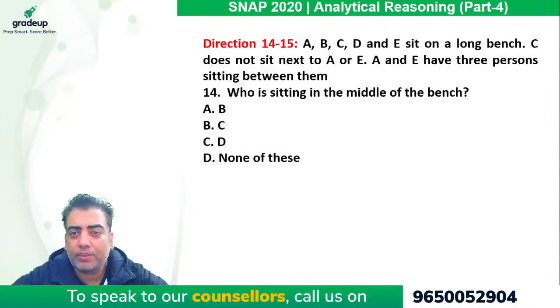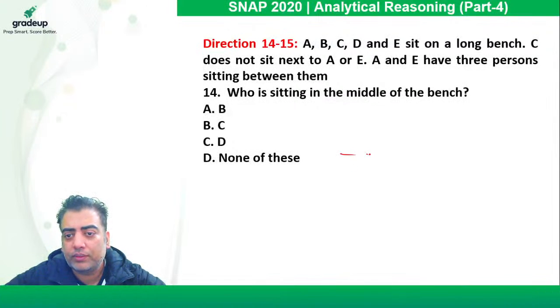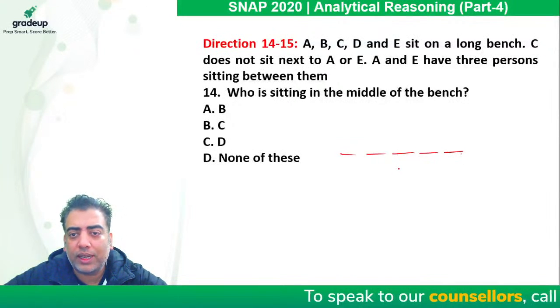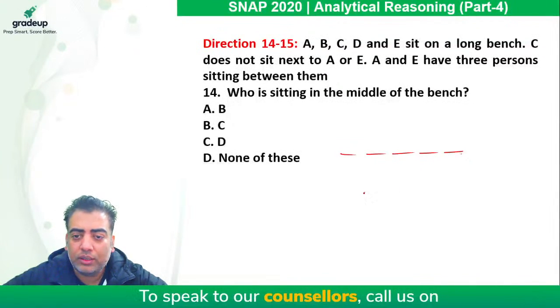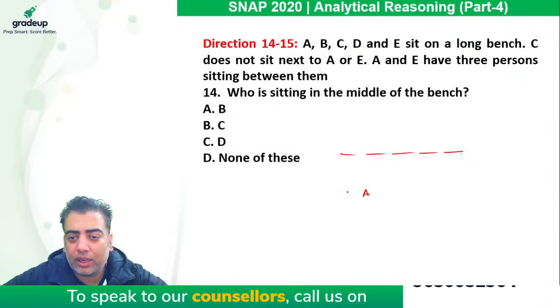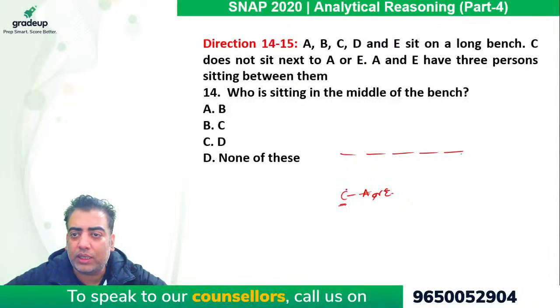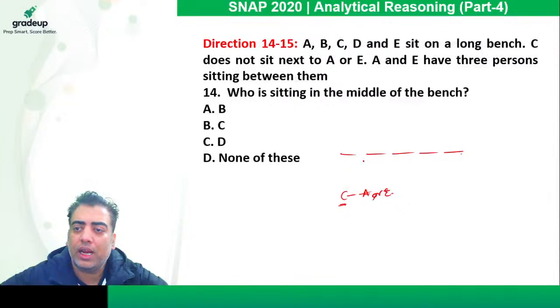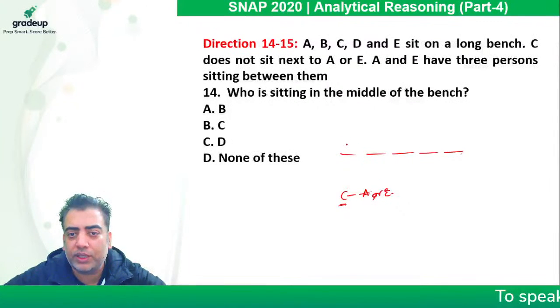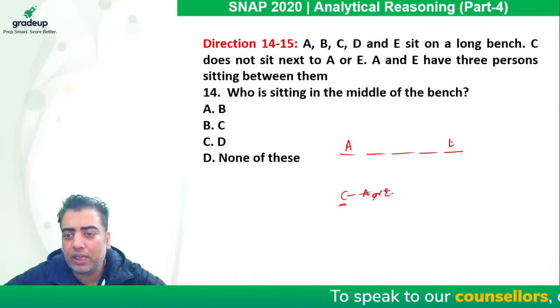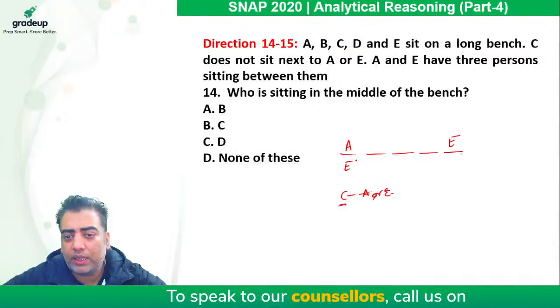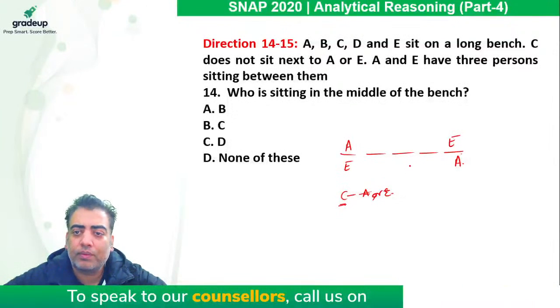Here he says A, B, C, D, and E sit on a long bench. C does not sit next to A or E. So A and E are not sitting adjacent to C. A and E have three persons sitting between them, which means if A is here, E will be there, or if E is here, A will be there.